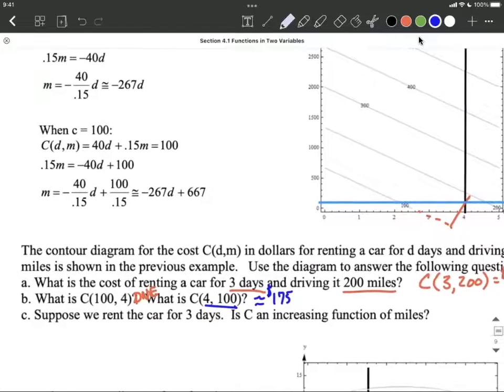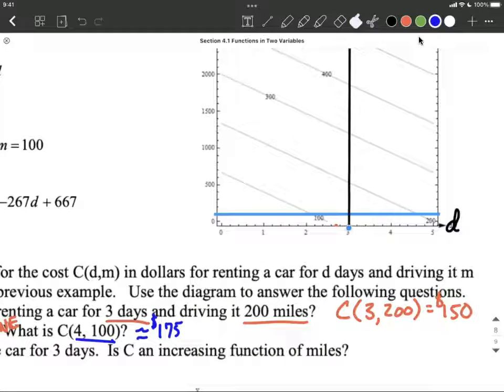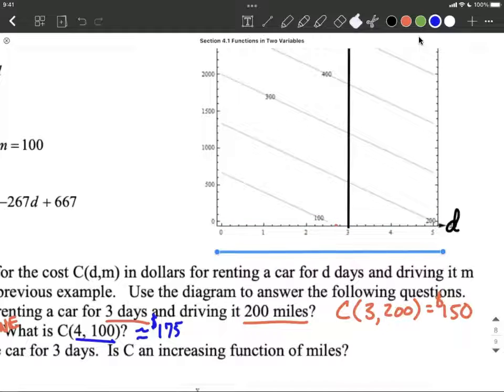All right, one last question on this one. Suppose we rent the car for 3 days, so we're fixing our number of days at 3. Is the cost an increasing or decreasing function of miles? We're going to 3 days along this axis, and we want to know, ignoring this one, if our number of miles increases here, is our cost increasing?